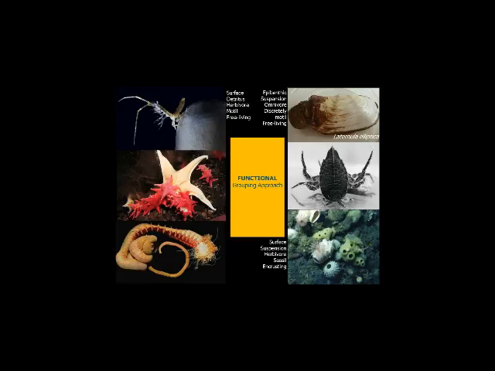So this functional approach has more optics, more lenses, more channels to see an organism, and so we can also elucidate better what the function of the organism is in its ecosystem.